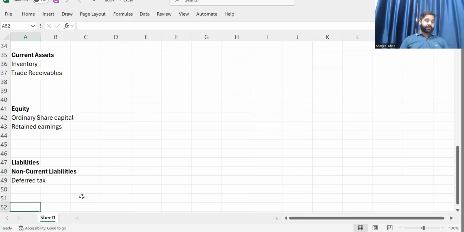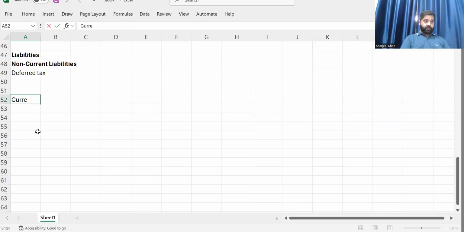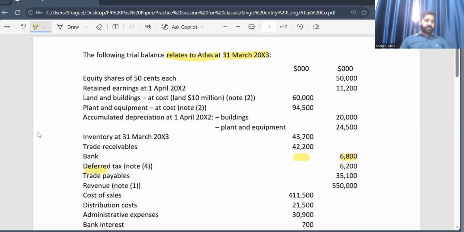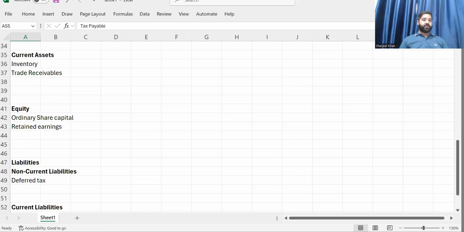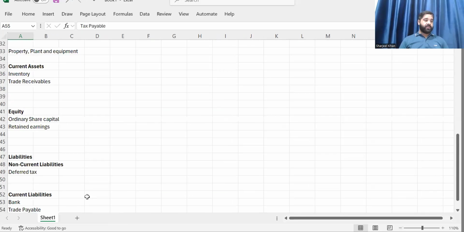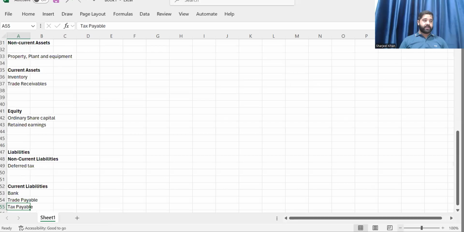Then current liabilities: we have bank, trade payable, and also the tax payable. So this is the structure for the statement of financial position, which we have prepared according to the trial balance provided by the examiner, a complete structure.